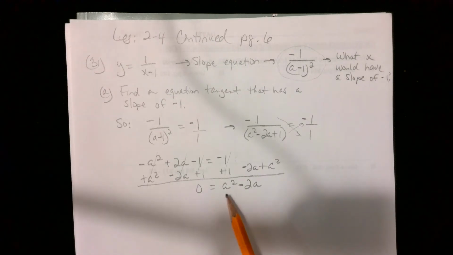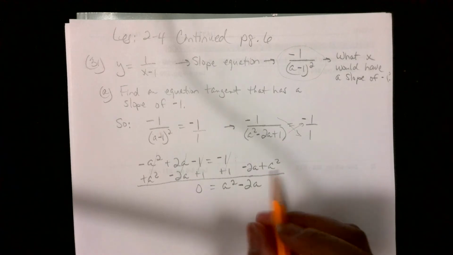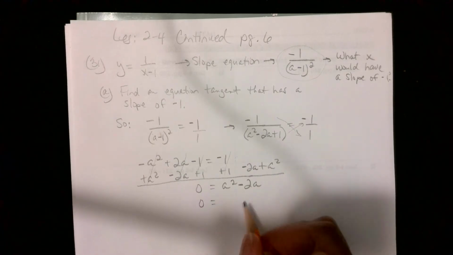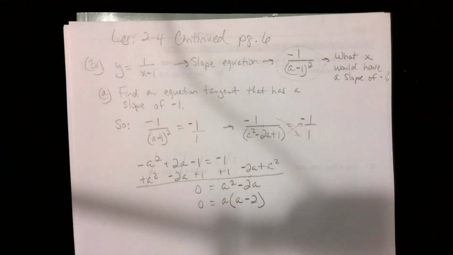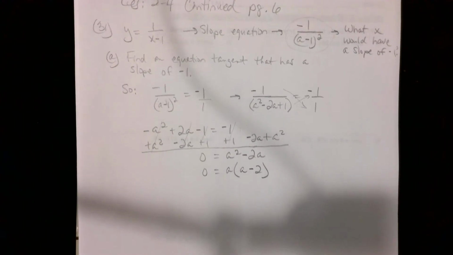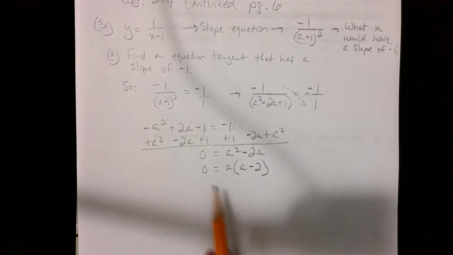We have an a term, a b term, and we have no c term. So 9 times out of 10, when there's no c term, you can just pull out your GCF. Then when you pull out your GCF, it's factored.